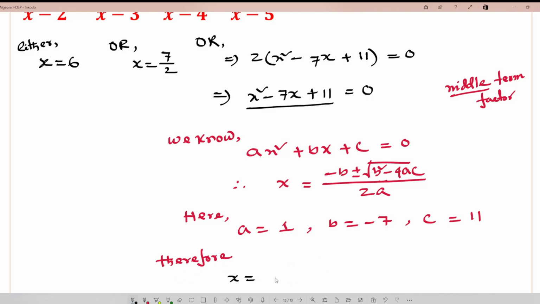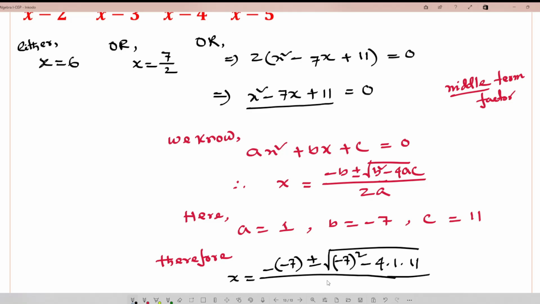Therefore x equals to, here is minus and b means minus 7, then plus minus root over b square, which means minus 7 square, and here is minus 4, a means 1, c means 11, right?